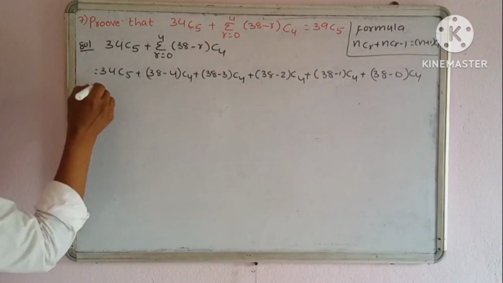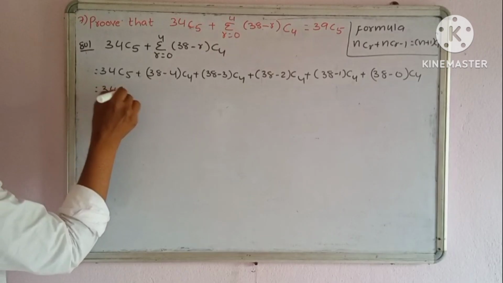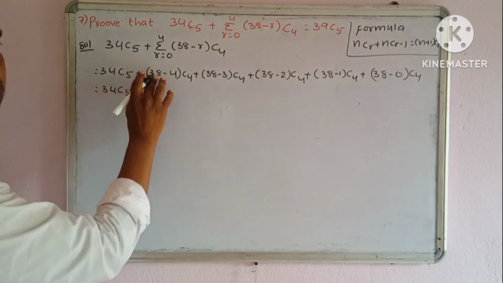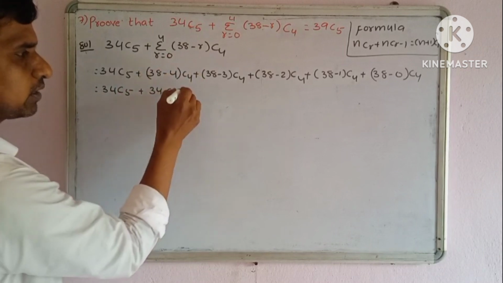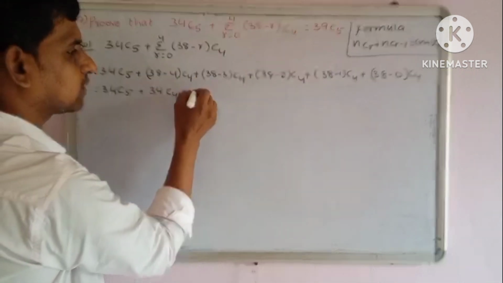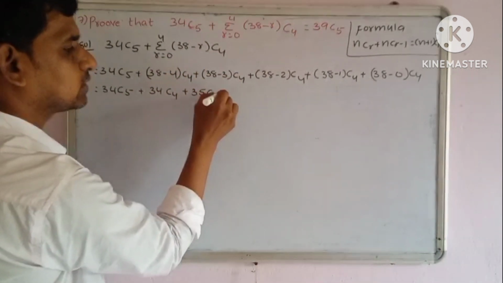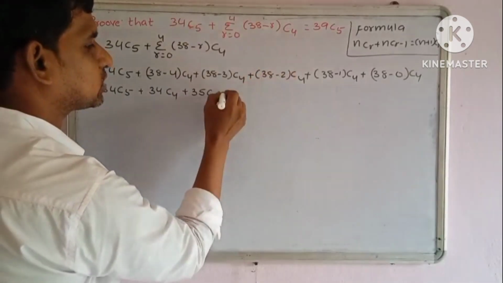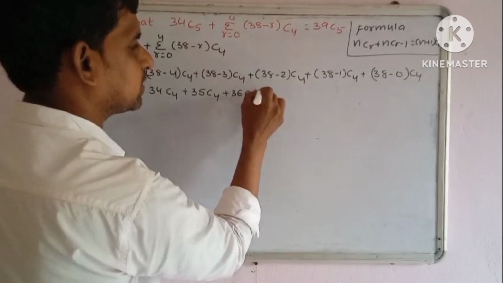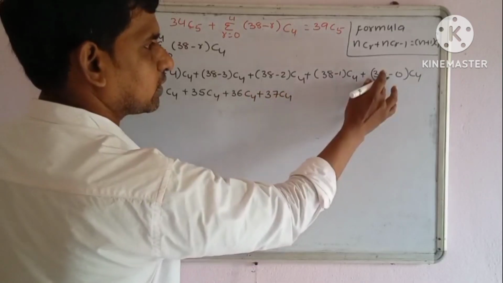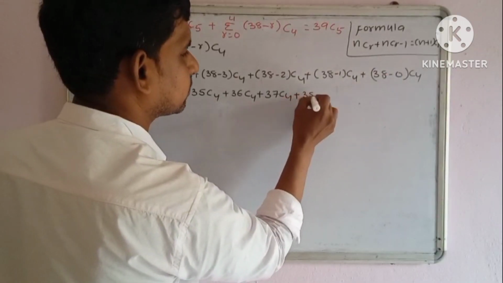Okay, next step. So 34C5 plus 38 minus 4 is 34C4, 38 minus 3 is 35C4, 38 minus 2 is 36C4, 37C4, 38C4.